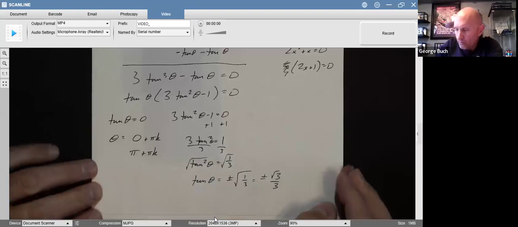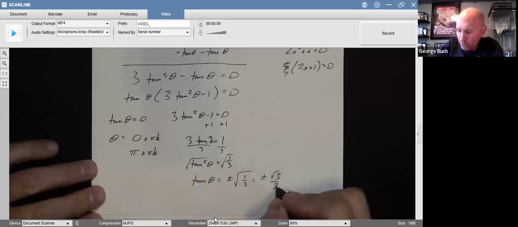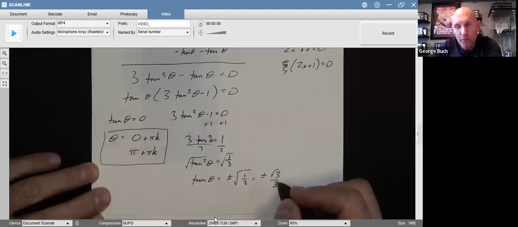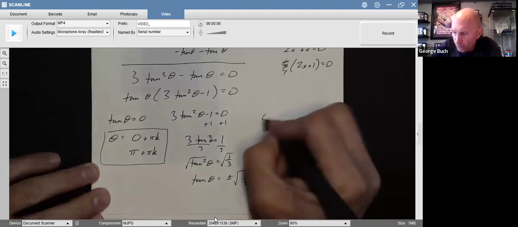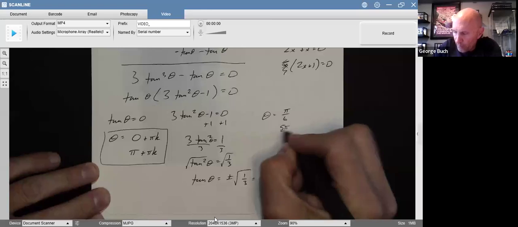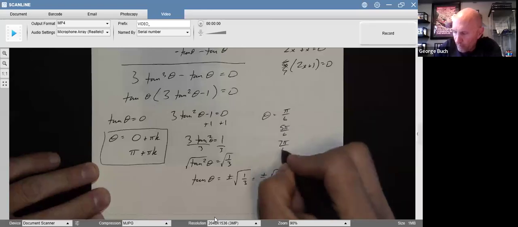So first of all, I have these two guys over here. And for this one, root 3 over 3, that's all my values that have 6 in the denominator. So pi over 6, 5 pi over 6, 7 pi over 6, 11 pi over 6.